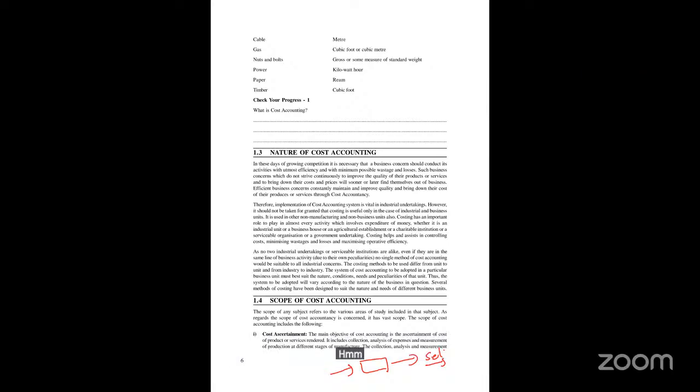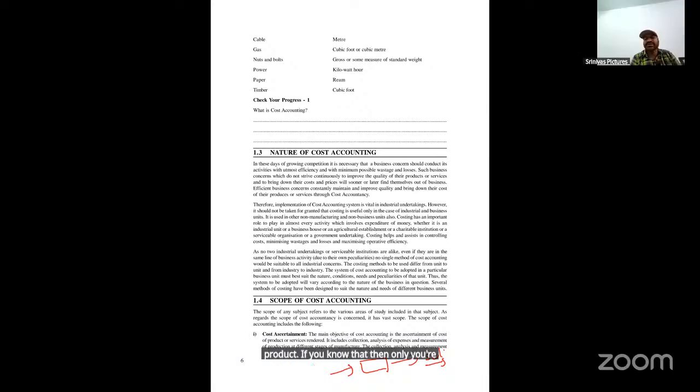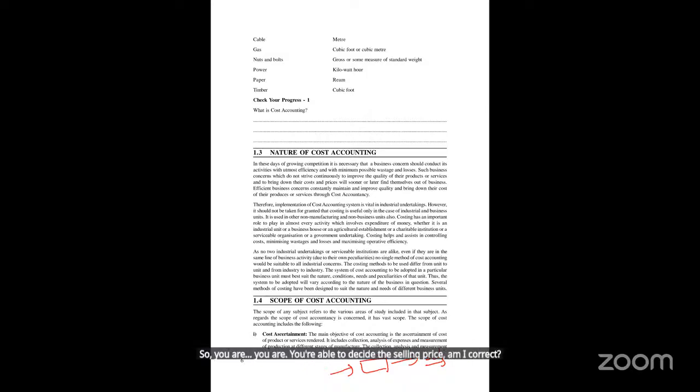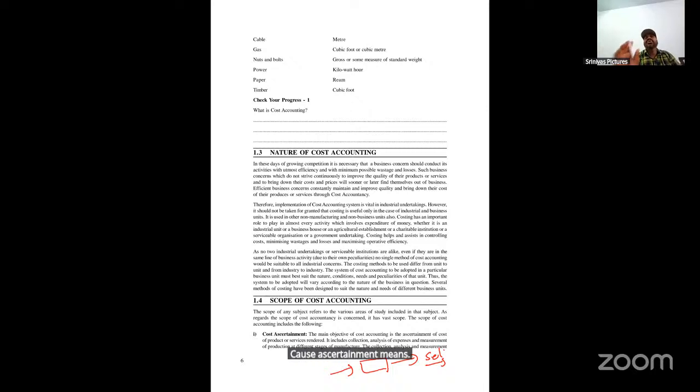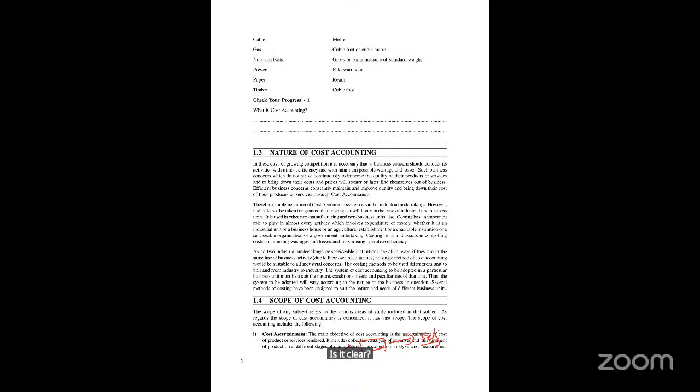If you know that, then only you are able to decide the selling price. Am I correct? Cost ascertainment means to know the cost, whatever amount was incurred in preparing this particular product. Is it clear? Yes, sir.